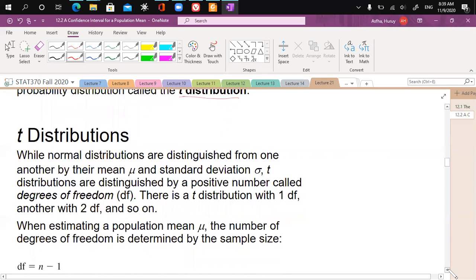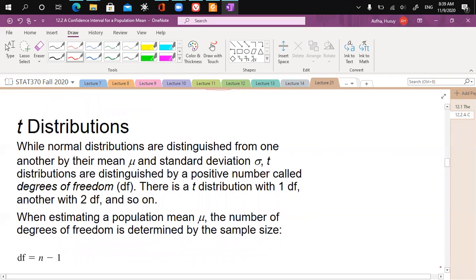Now, the t distribution looks like a normal curve. It's very similar. For normal curves, we have many different normal curves, and all of them are characterized by mu, the mean, where they are centered.